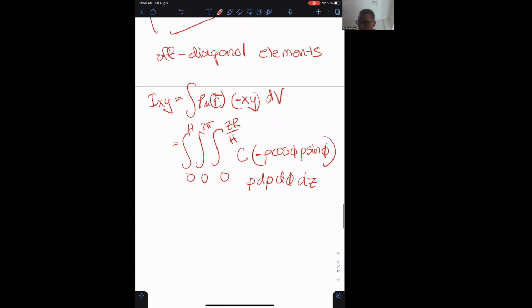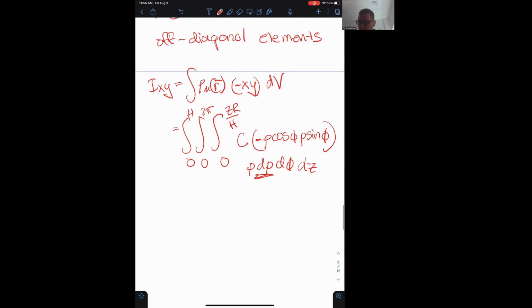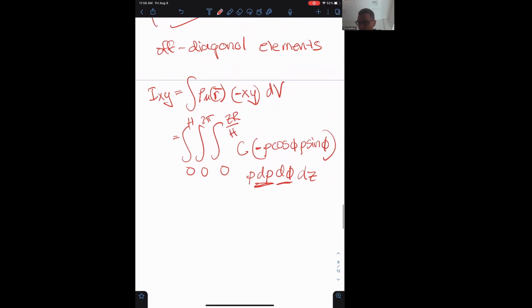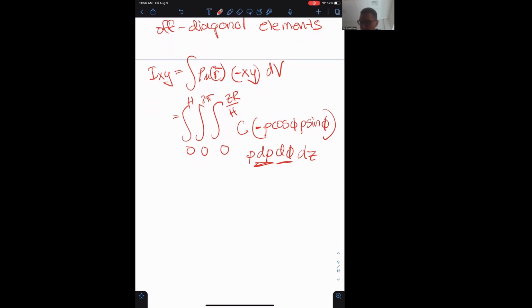Usually I would do this rho integral first, but because of this very nice phi dependence, I'm going to do the phi integral first. The only things that depend on phi are cosine phi and sine phi.